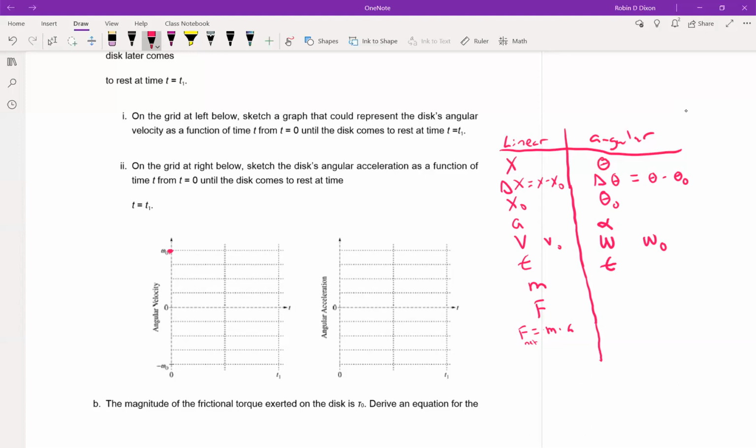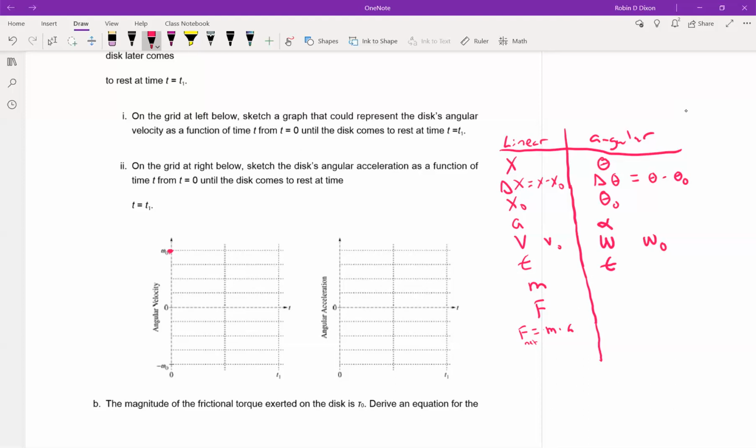Obviously it doesn't take anywhere near as much force to accelerate a marble as it does to accelerate a car. Why? Because the car has a greater mass, therefore has a greater resistance to acceleration. So mass is an object's resistance to linear acceleration. What then must be an object's resistance to angular acceleration?